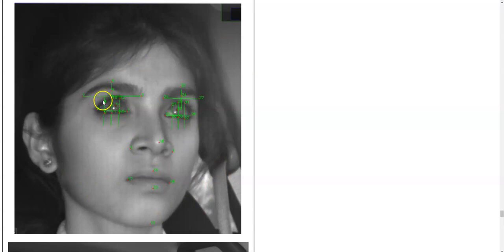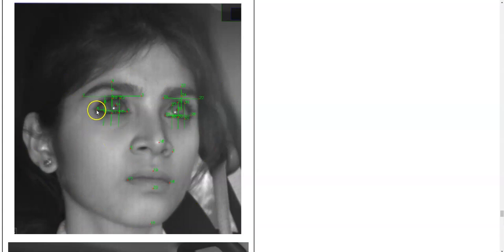So when I say lines 2 and 3 should be perpendicular to lines 4 and 5, lines 8 and 9, 10, 11, 12, 13 should be perpendicular to lines 6 and 7. These are a good example of how the annotation should be.